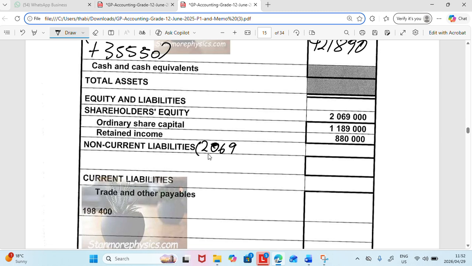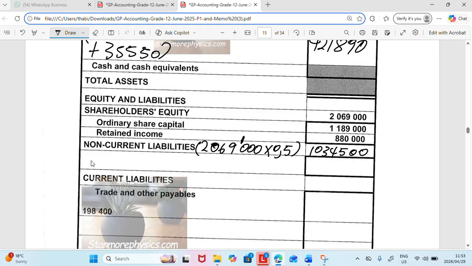So 2,069,000, which is 1. This is 1 for every 0.5 of liabilities. Then you times by 0.5. Then you will get non-current liabilities of 1,034,500.